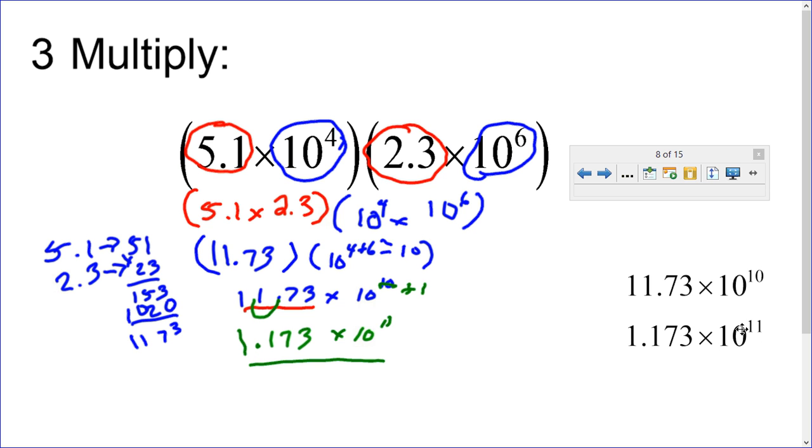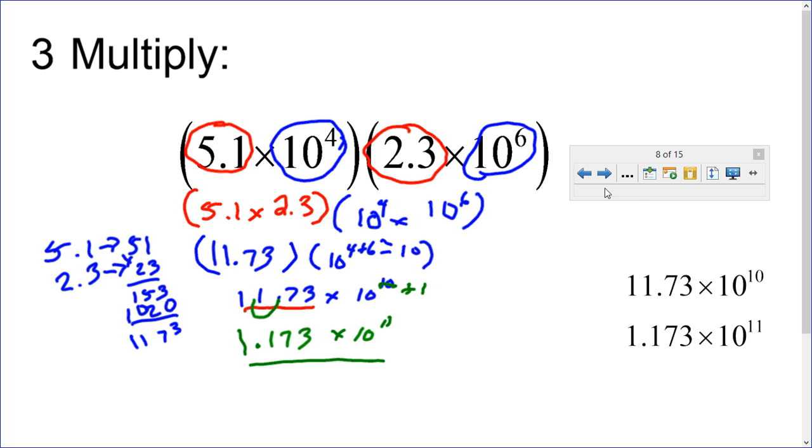And it was nice if you got 11.73 times 10 to the 10. That's good, but that's not scientific notation. So if you're asked to give a number in scientific notation, always remember the first number has got to be between 1 and less than 10. So between 1 and 10.